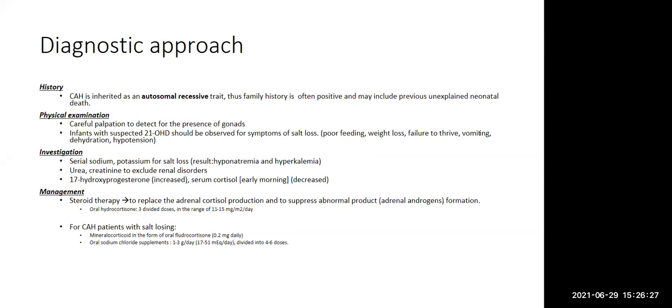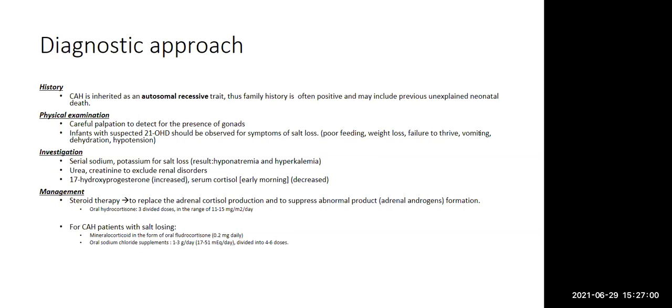So the child would have poor feeding, weight loss, failure to thrive, dehydration, and or hypotension. For the investigation, we do serial sodium and potassium for salt loss. So we will see results of hyponatremia and hyperkalemia, because if you remember the diagram earlier, there will be a reduction in aldosterone. Aldosterone will cause absorption of sodium.